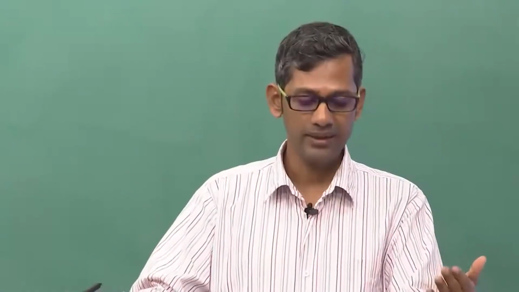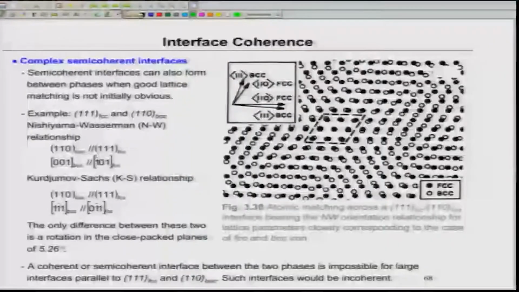So, the 11 bar 0 direction contained in the 110 BCC plane is also parallel to the 1 bar 01 direction contained in the 111 FCC plane. Or it can be that the first relationship is maintained, as in the Kurdjumov and Sachs relationship, which is KS type, but the directions contained in both the planes that are parallel in this case are different.